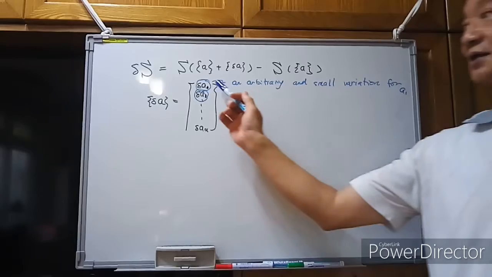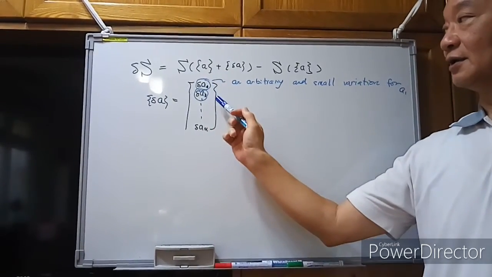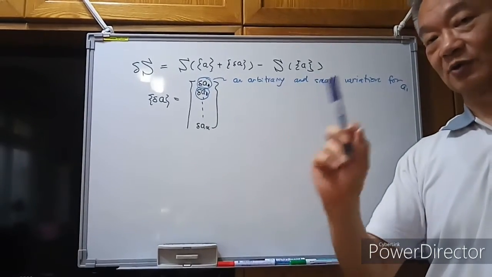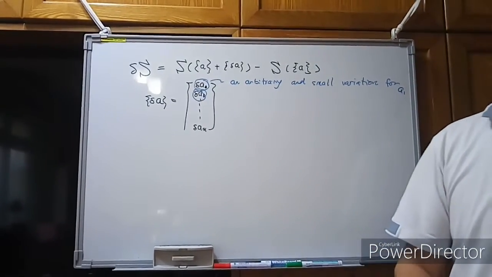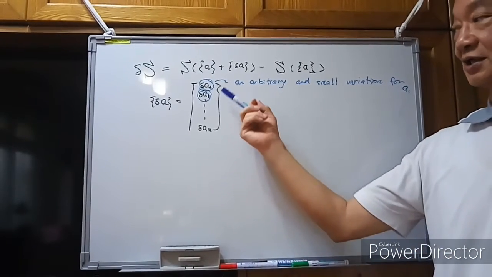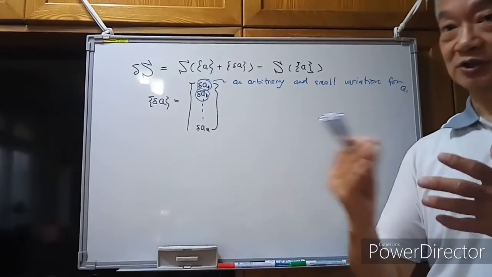So you can make positive variations for the first element, but for the second element it is a negative small variation. Also, the magnitude of the variations need not be very close.